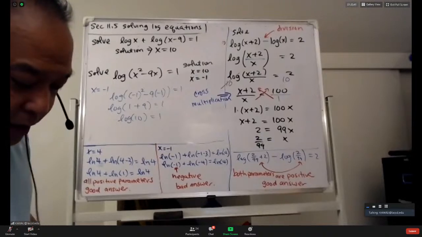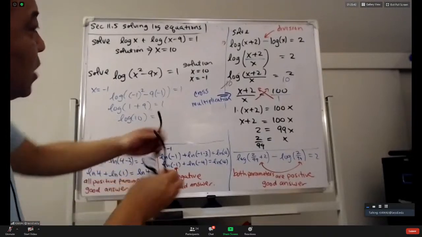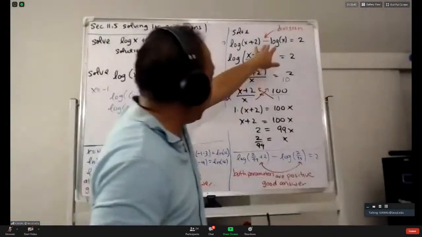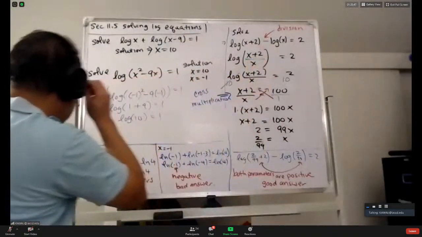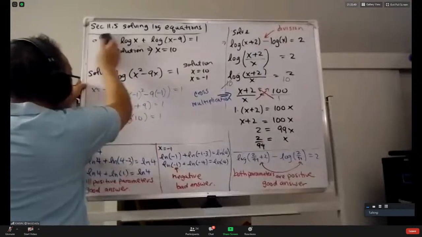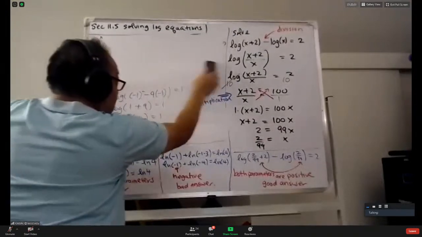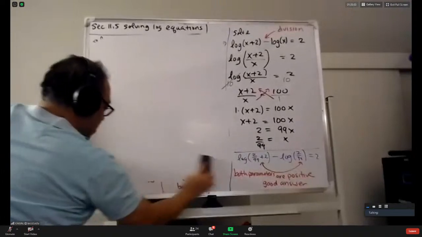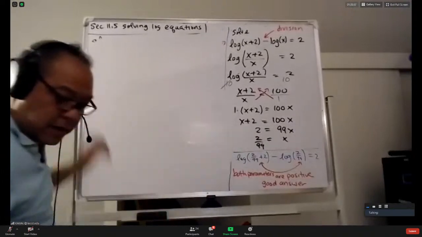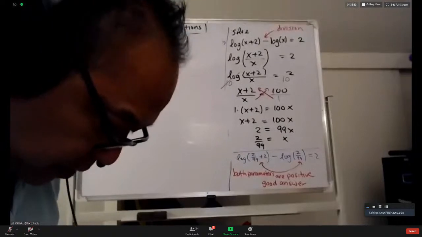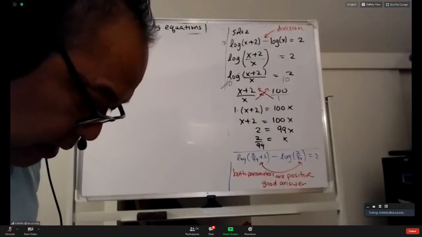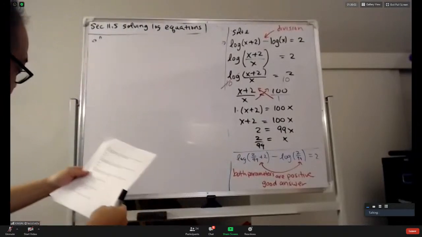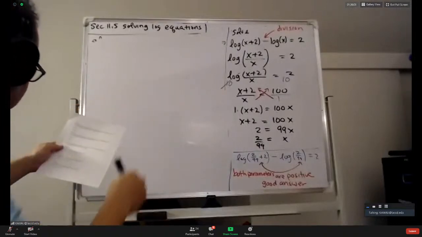Okay, so let's do one more like this. When we have a negative, it turns into a division. Now, sometimes they'll give you the problem and they'll sort of hide that it looks like that.